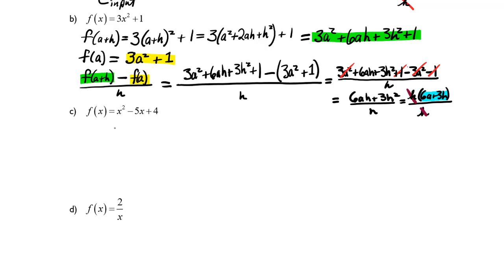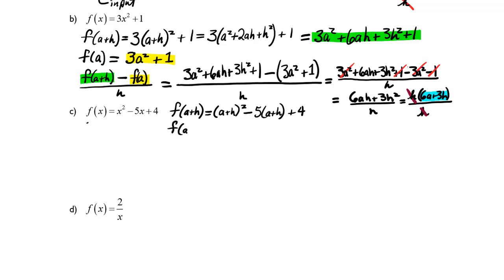Let's give f of x equals x squared minus 5x plus 4 a try. f of a plus h will give me a plus h squared minus 5 times a plus h plus 4.